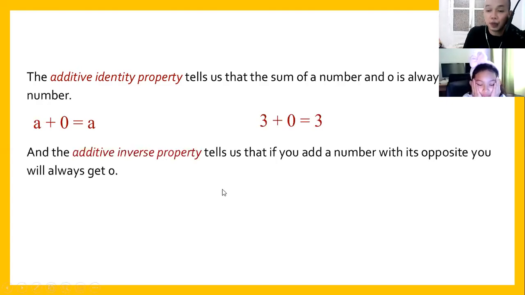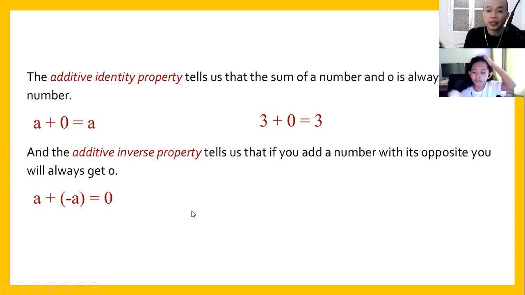Additive inverse property. What is the additive inverse property? Can you read, Christelle? It tells us that if you add a number with its opposite, you will always get 0. Let's look at the equation. So A plus negative A, that's the opposite of its value, equals 0.